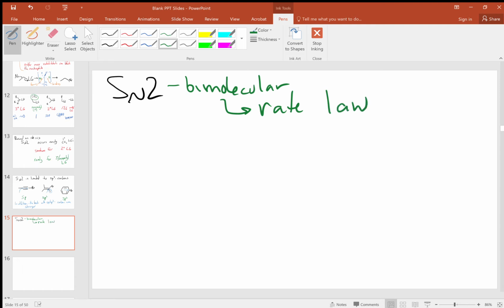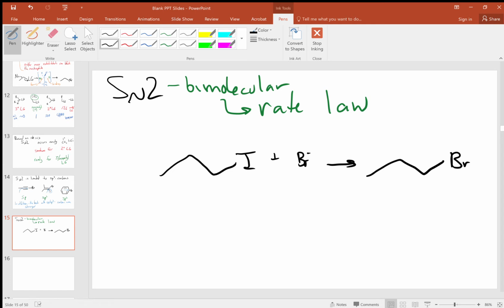If you recall from general chemistry, for any reaction we determine the rate law based on the rate determining step, or the slow step. Well, in an SN2 reaction, there is only one step. So that one and only step is the rate determining step.